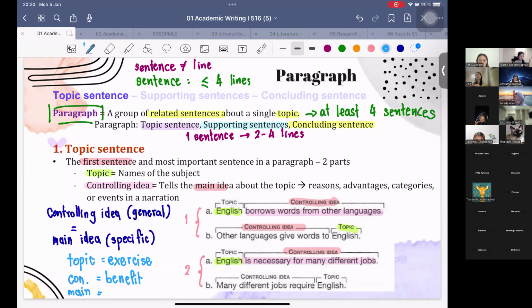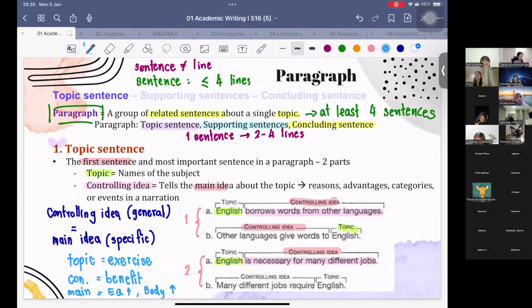So again, if your topic is exercise, and in this case you're going to write the main idea, let me just give a quick run. Good EQ, and body, good body. Just make it short so you don't have to write a lot.